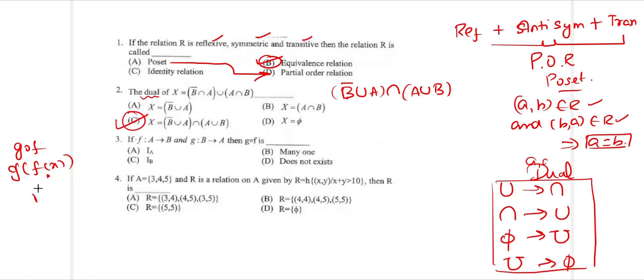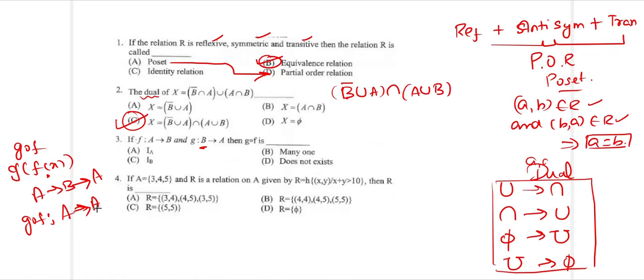Where is the beginning? A, and it goes to B. f takes elements of A to B, and where does g take? g takes elements of B to A. So this B, which is the ending point, will become the starting point of g, and this g now will take elements of B to A. So your g composition f are elements from A to A.